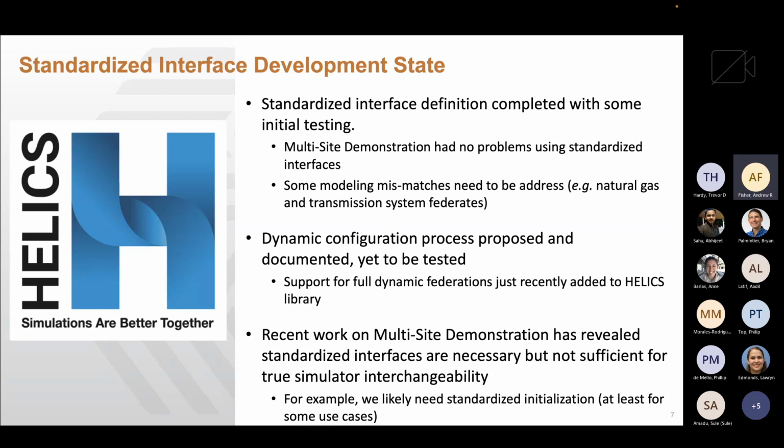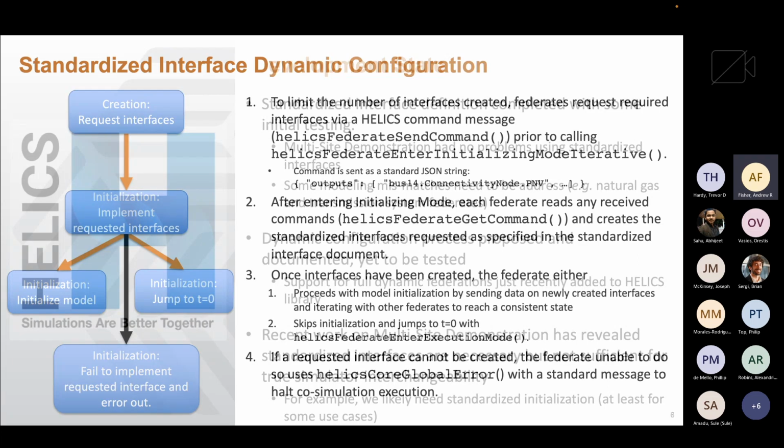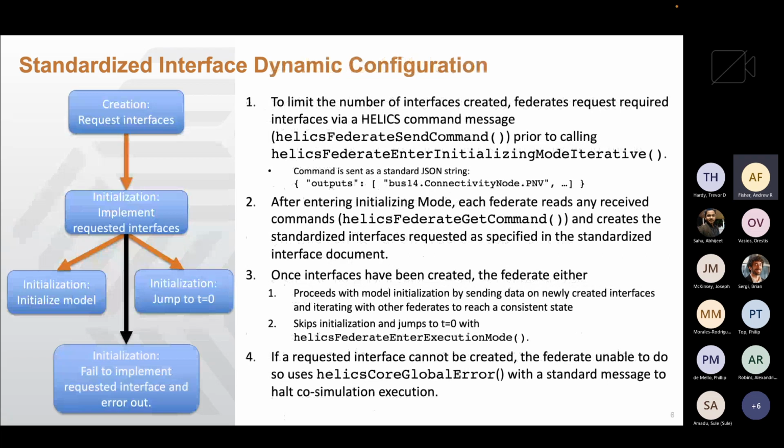Yeah, hi. So going back to having the federates use the send command to tell other federates what inputs and outputs it needs. The idea is that in a simple T and D case, you had a transmission federate and you defined the inputs and outputs for that transmission federate, but you didn't for the distribution federate.